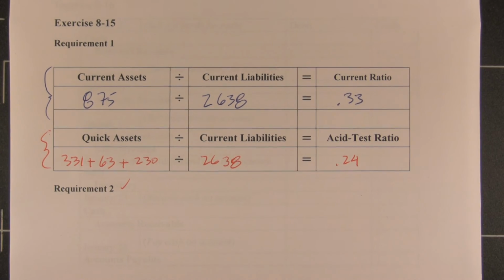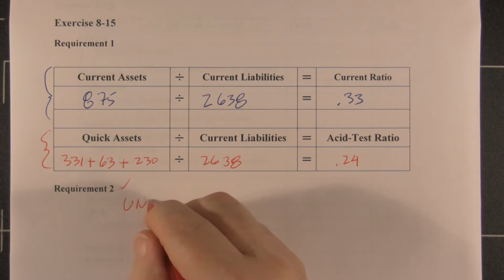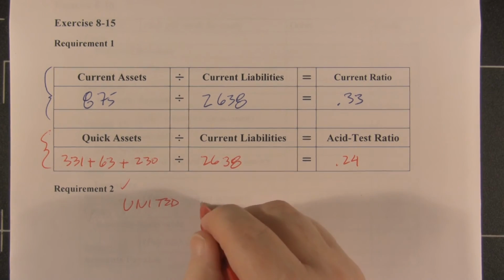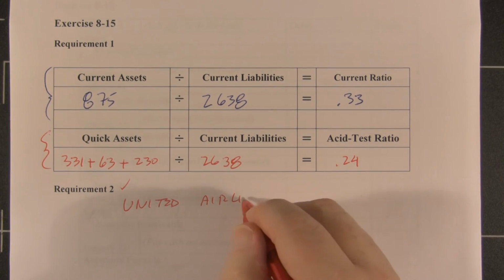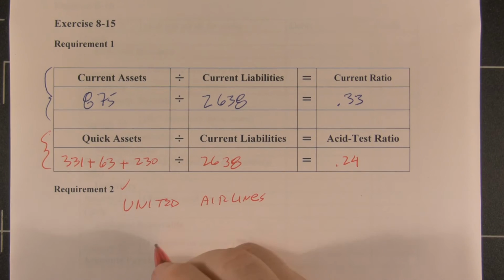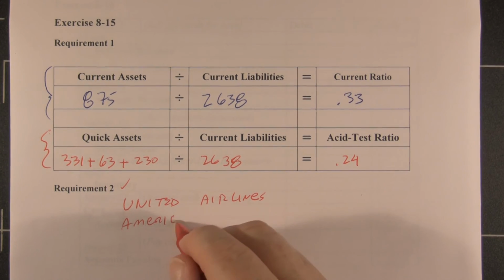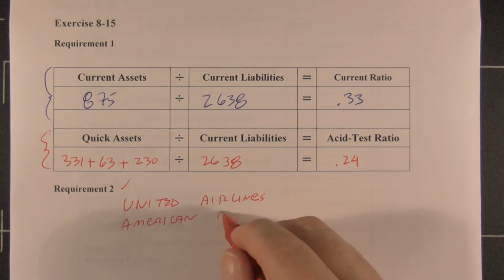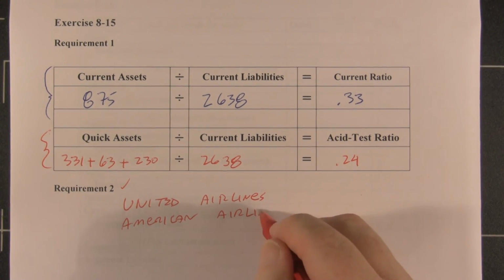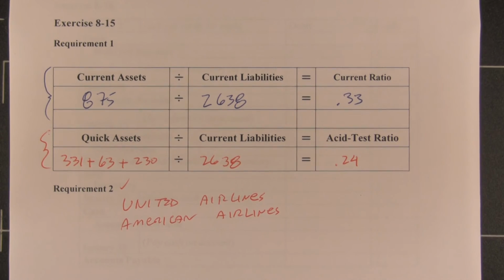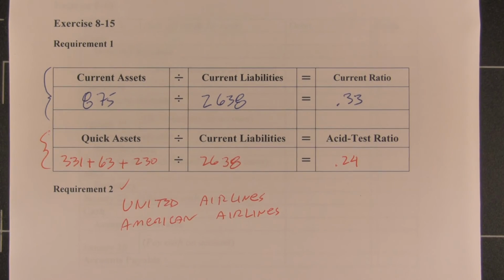Requirement 2 says look at the text, and there's two other entities mentioned. They mention United Airlines, and they mention American Airlines. And they ask you to do the same calculations with those and then compare them.